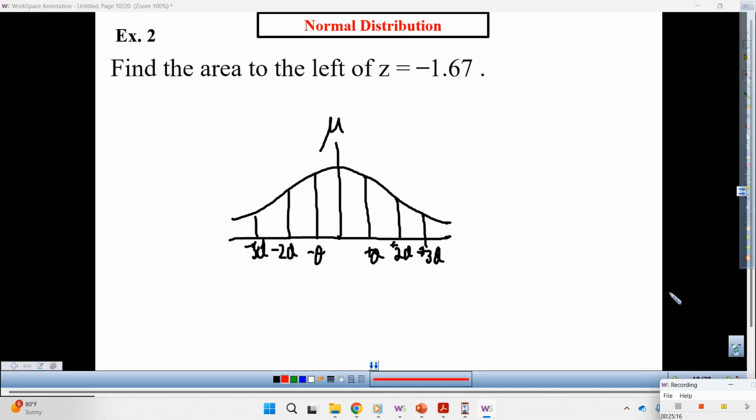Go. All right, Mario, where do I place that z? To the left. Tell me where to stop. Right here? All right. So, yeah, that is our z, negative 1.67, but we need the area to the left.